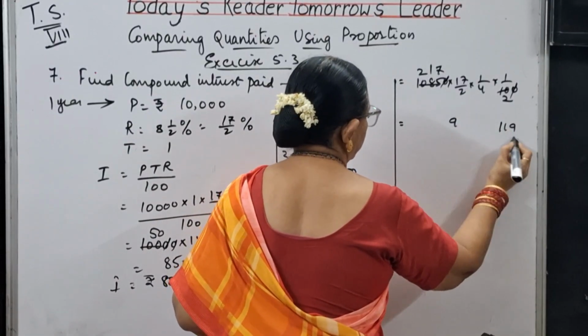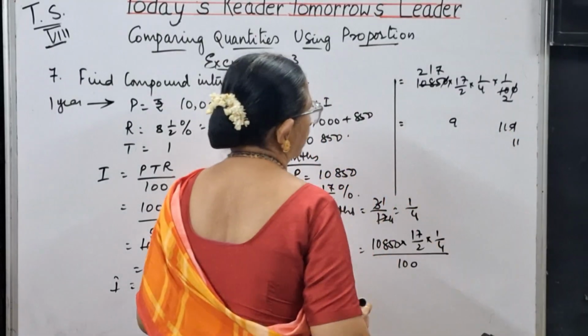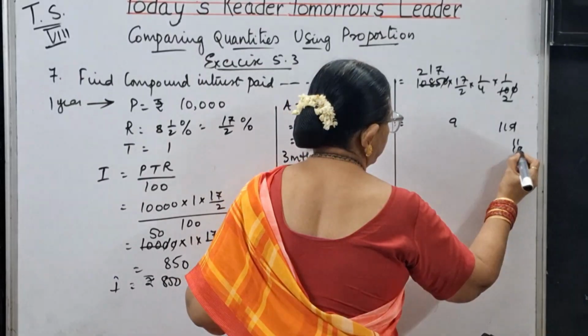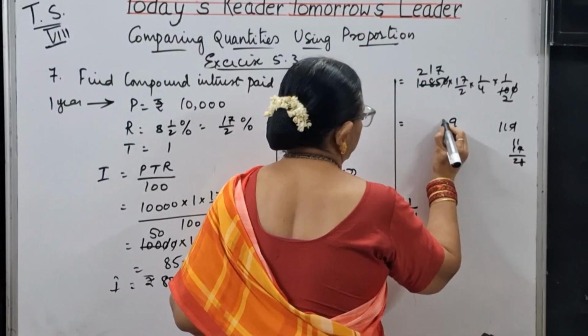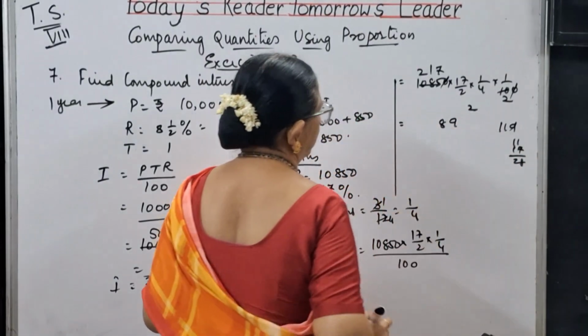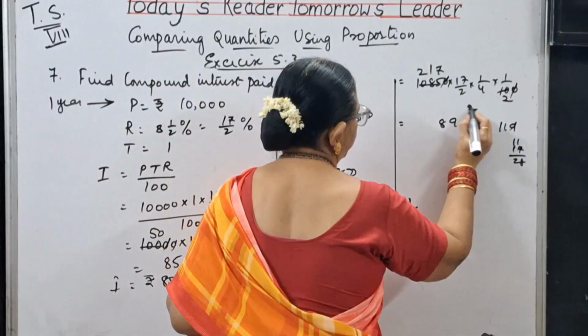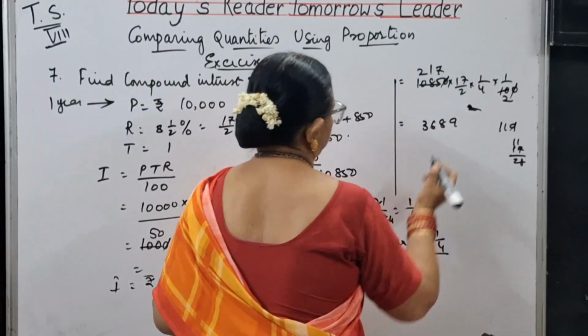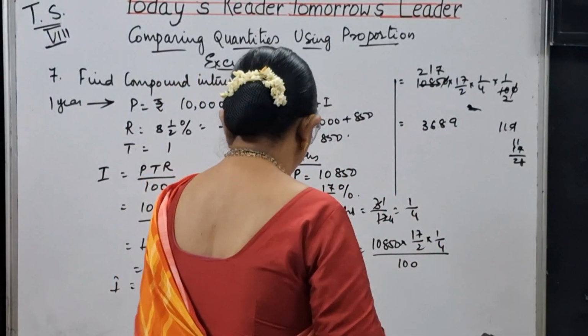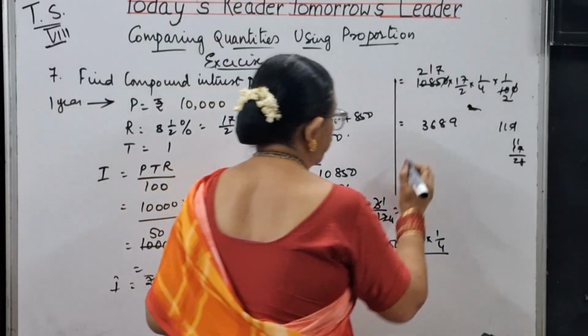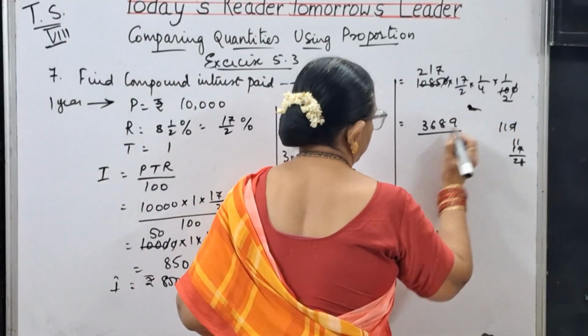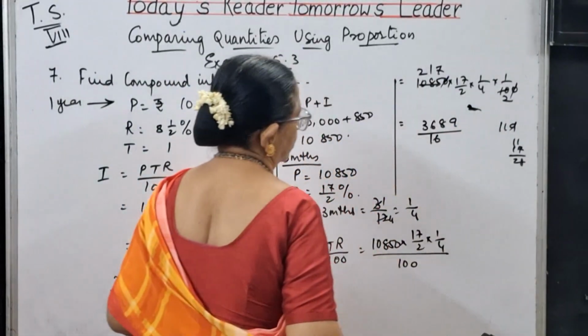So 9 here, 11 you are getting. 17 ones are 17, that means 28. 8 here, 2 here. 17 twos are 34, 36. So 3689 by 2 fours are 8, 8 twos are 16.